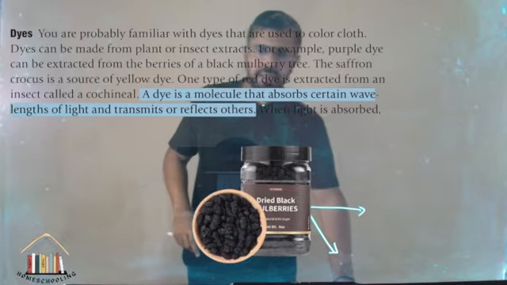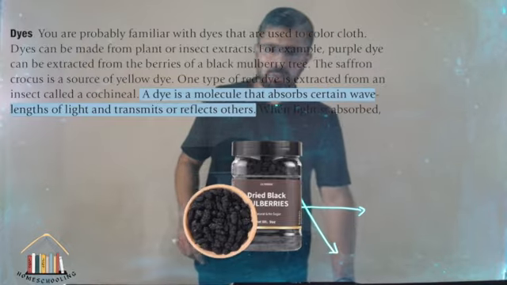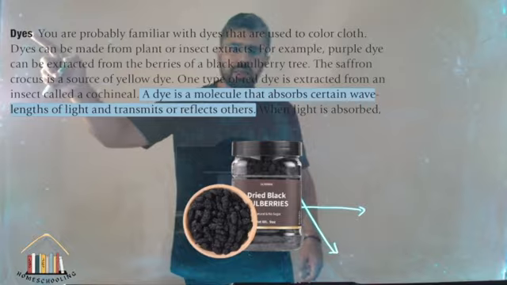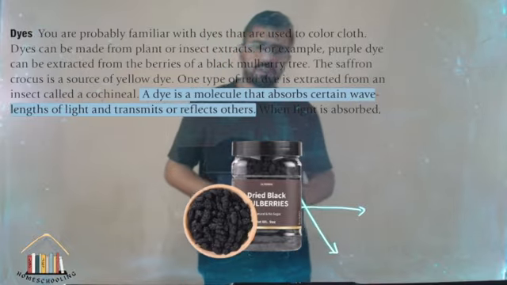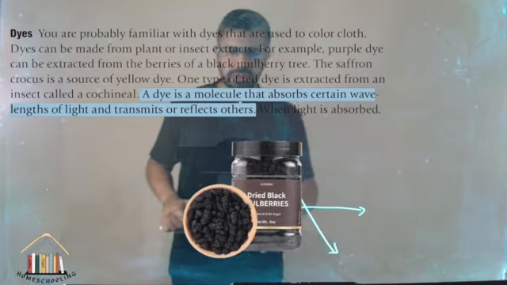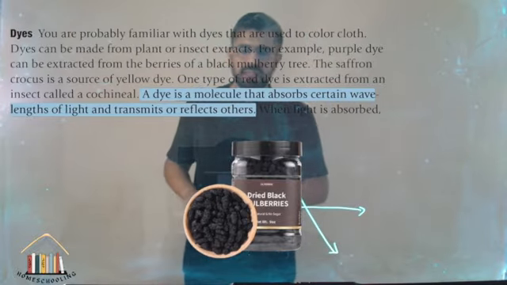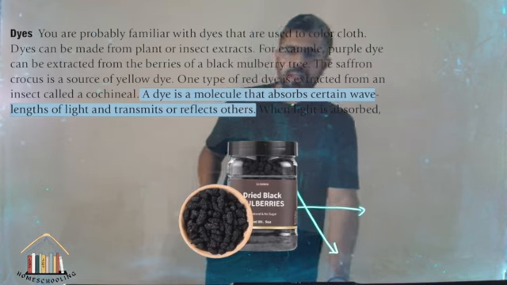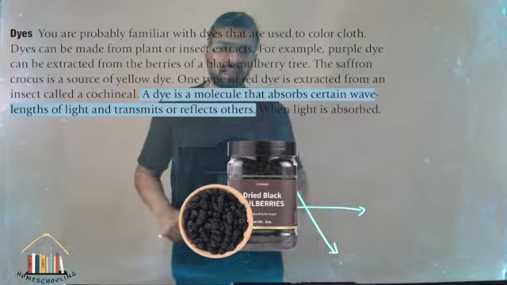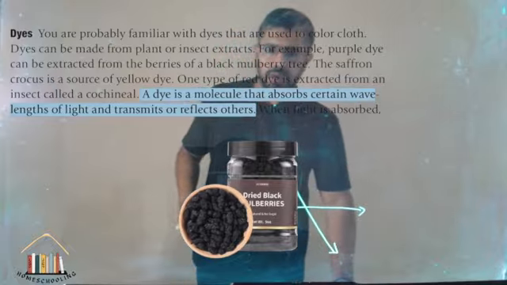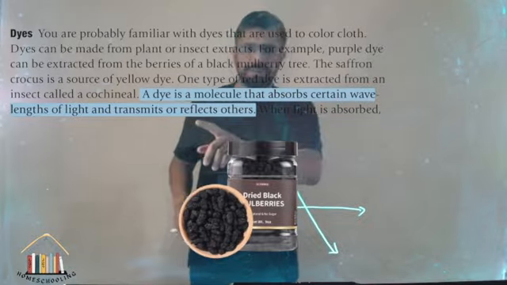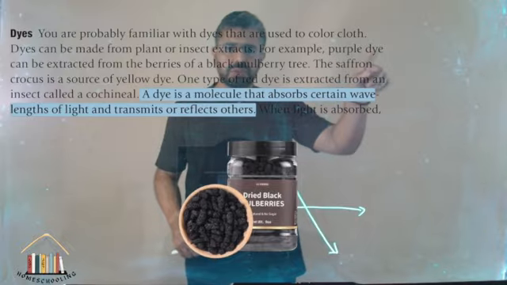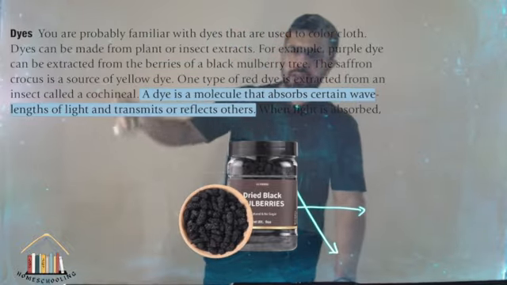Okay, so in this example, we take the blueberry, also considered as a dye used to add colors to clothes. The blackberry gives the red color or the violet color. So it's considered as a dye used to put colors to clothes. They are usually made from what?